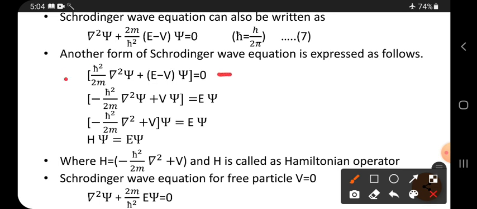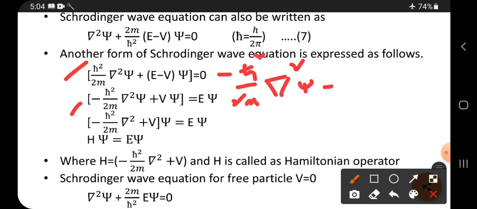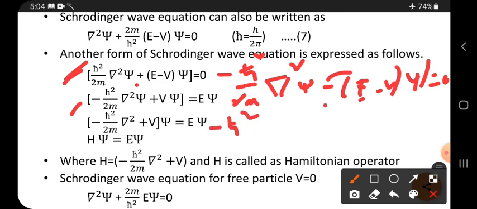Just multiplying this equation with a minus, then you get minus h cut square by 2m del square psi, and since you are multiplying by minus, the plus becomes minus: minus e minus v psi is equal to 0. Now multiply the minus inside: minus h cut square by 2m del square psi, and psi also multiplied inside.